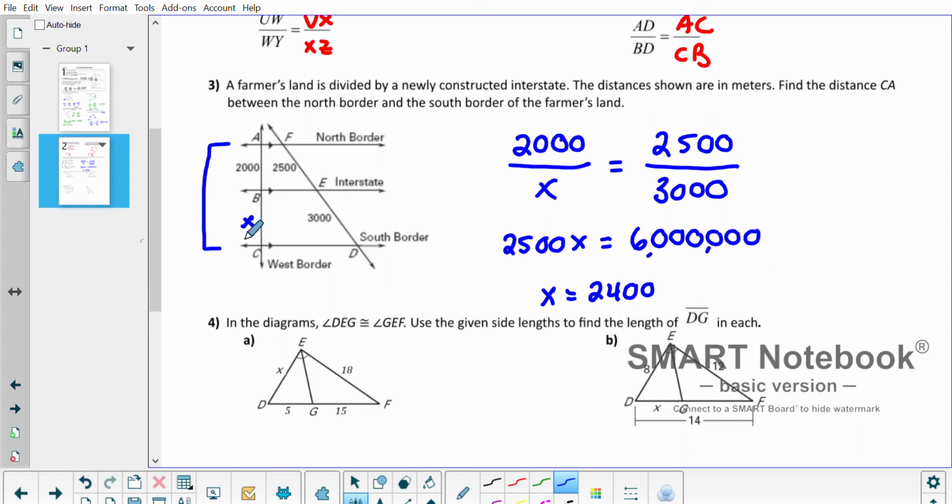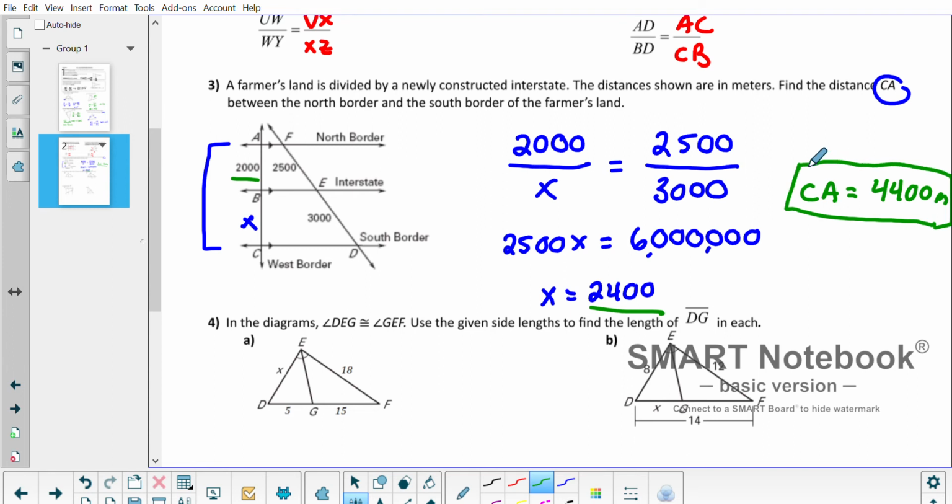So we know x is 2,400, however, the problem wanted us to find distance CA, so we know that CA is equal to 2,400 plus the 2,000 that we had above it, so CA is actually 4,400. And all these measurements were in meters.